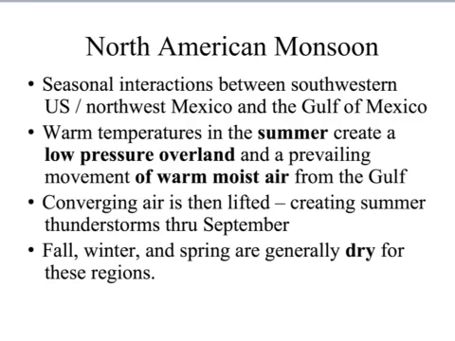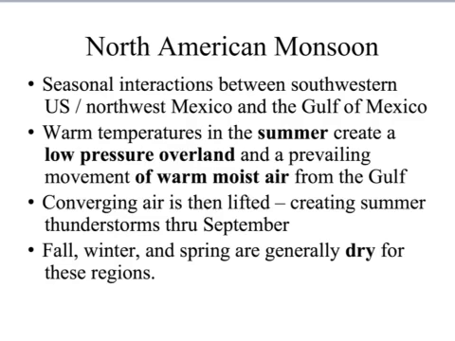So this is what I was talking about, and let me just zoom in on this one. Hopefully you can make that out. In the summertime you have the Pacific Ocean here and the Gulf of Mexico here, and these large bodies of water are stubborn to heat up.